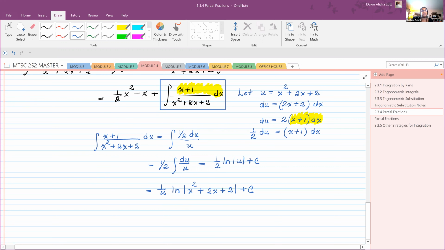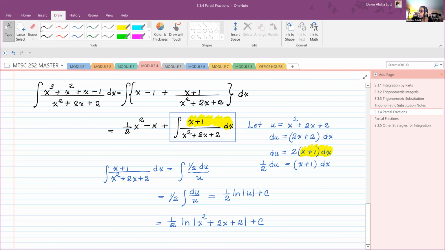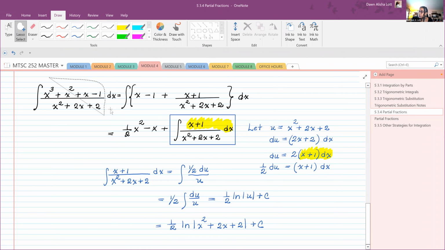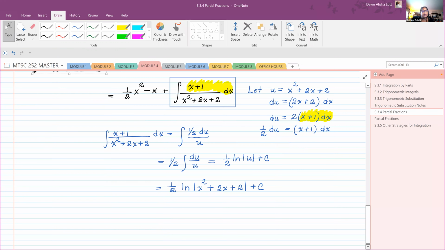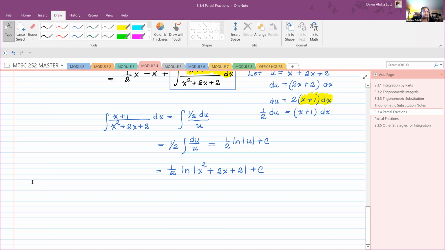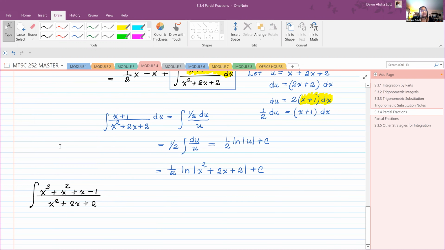So now I can finish my original problem. My original problem was integrating x cubed plus x squared plus x minus 1 over x squared plus 2x plus 2 dx.